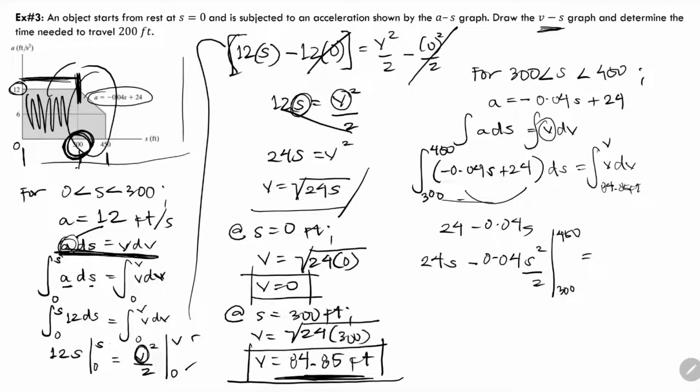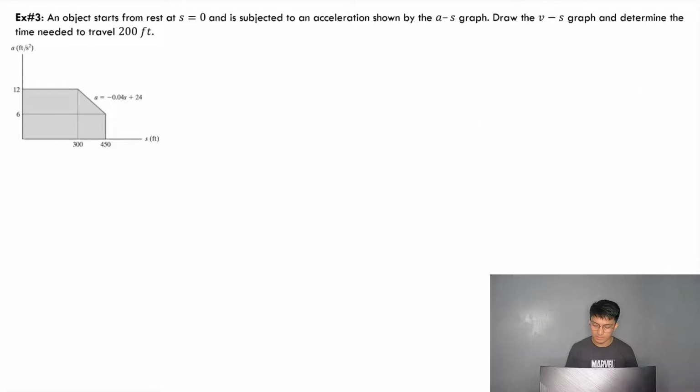And on the right side of the equation, we have V squared, simply V squared over 2, limits from 84.85 to V, which we do not know because that is what we are looking for. To fit it, let us move to the next page and write the equation: 24S minus 0.04 S squared over 2, limits from 300 to S. We put S first.